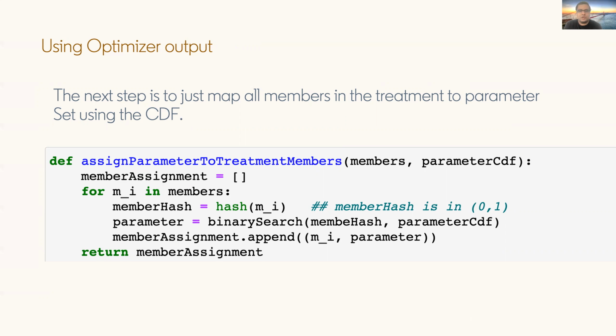And what you're doing over here is you're running a for loop over each member. First you hash the member and you get a value between 0 and 1, and then you perform a binary search to find the right parameter that you want to apply, and you append it to the member assignment array, and you return that back to the caller.